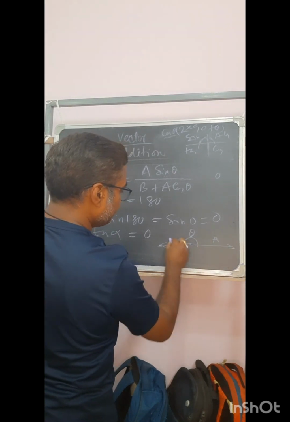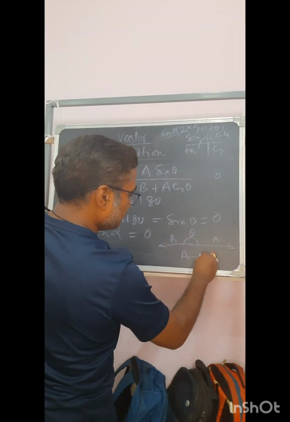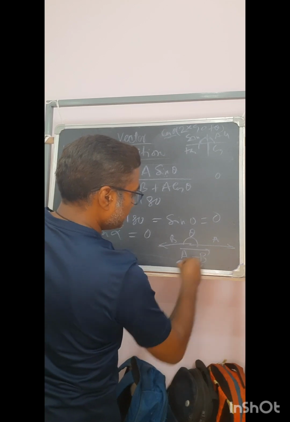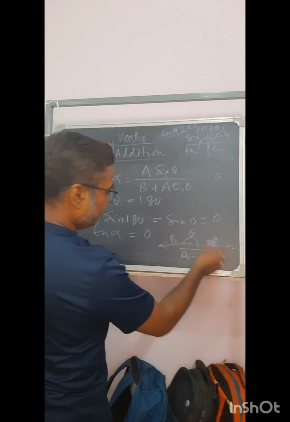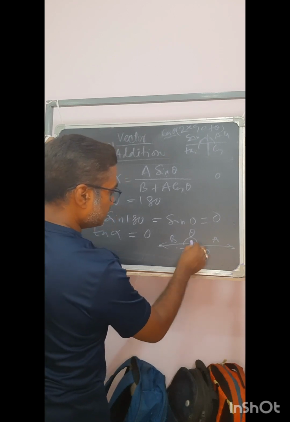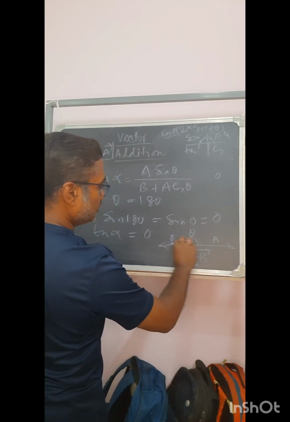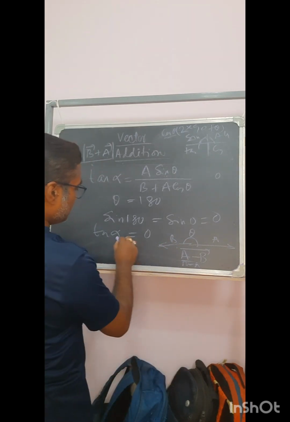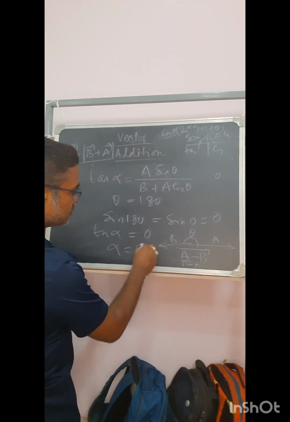If a is high and b is less, the resultant will be along a minus b, or if b is high, the resultant will be b minus a, but alpha will be collinear with either of the vectors. So alpha will be equal to 0.